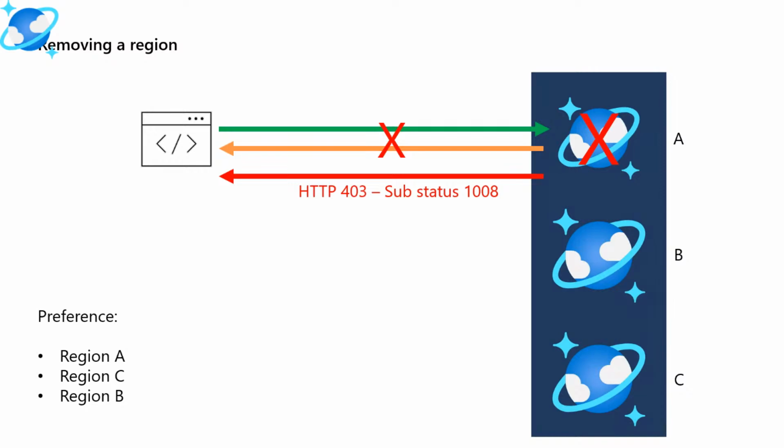If I'm performing an operation and the region is offlining, because I went to the Azure portal, removed the region and clicked the save button, so the region is starting the offlining process, the SDK gets one particular response from the backend, which has a status code of 403, sub-status code of 1008, that tells the SDK, this region that you are trying to contact is offlining, is no longer available, or is becoming not available.